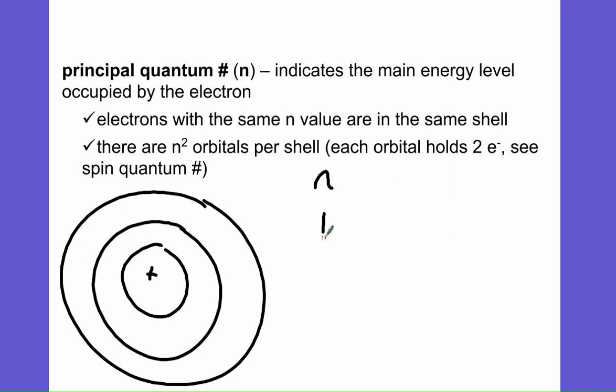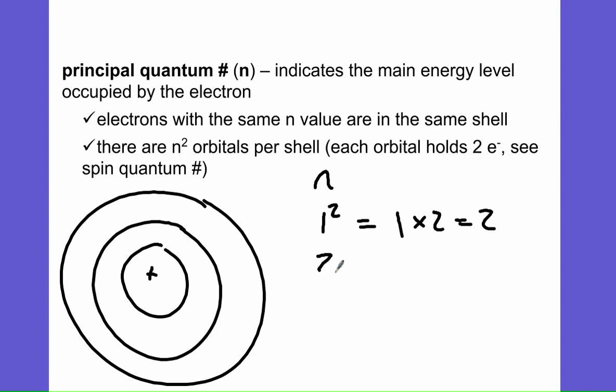Electrons with the same n value, or in the same shell, as it says, there are n squared orbitals per shell, right? So when I take that 1 squared, it's still 1, but then I realize that that one orbital should be able to hold 2 electrons. That's why there's 2 elements for 2 electrons in that first row, right?